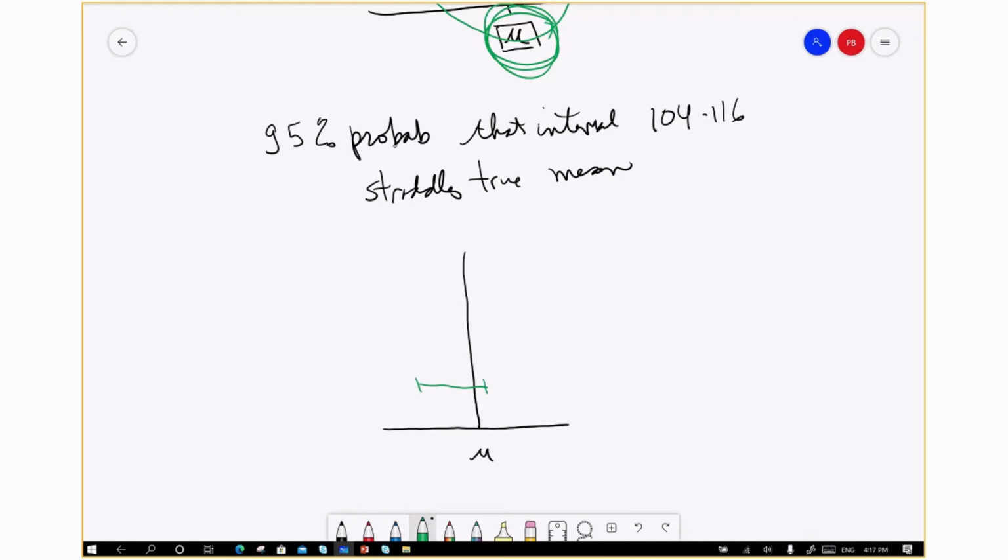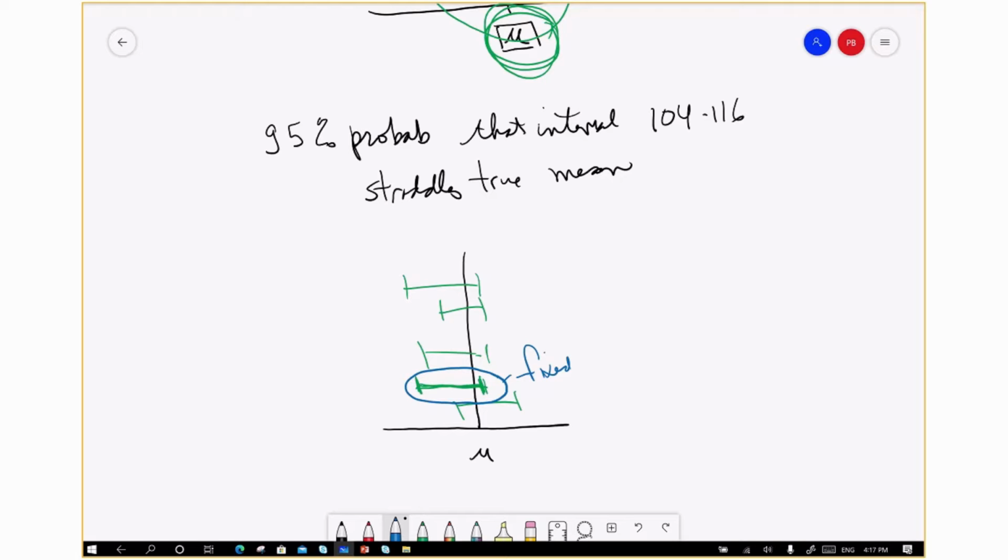Well, that is a particular fixed value once we've done the experiment and calculated the interval. Now, what we do know is that if we were to repeat this process an infinite number of times and calculate an infinite number of intervals, then 95% of all possible intervals would straddle the true mean. But the particular one that we arrived at, we don't know whether it straddled the true mean, because once it's been calculated it is fixed, and either it straddles the true mean or it doesn't. Probability is not relevant.